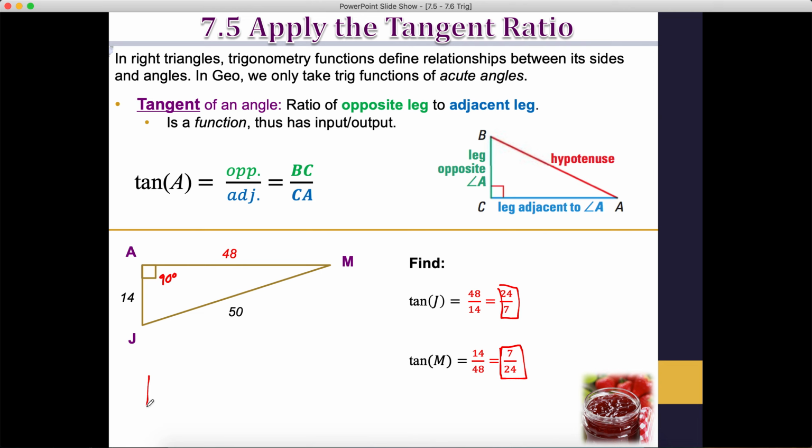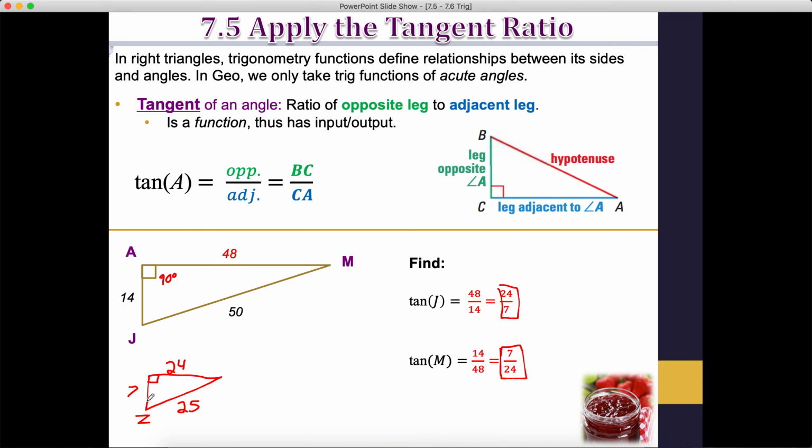And another thing worth noting is that this triangle JAM is just a scaled up version of a 7, 24, 25 right triangle. So it makes sense then that our ratios simplify to 24 and 7. We would expect the tangent of J, for instance, to be the same as the tangent of, I'm going to call this Z or whatever.